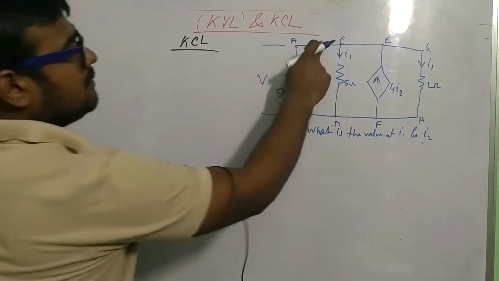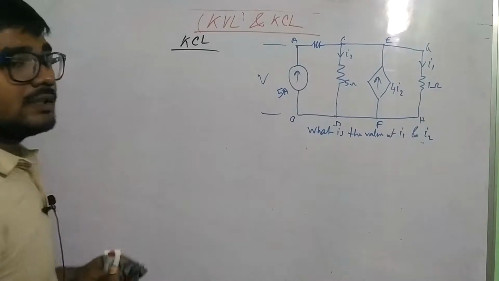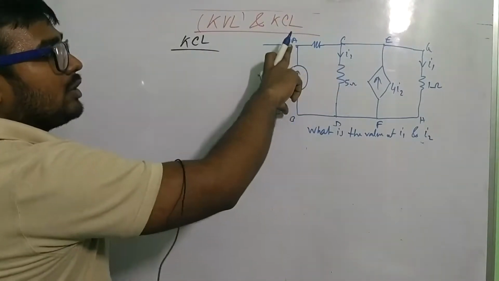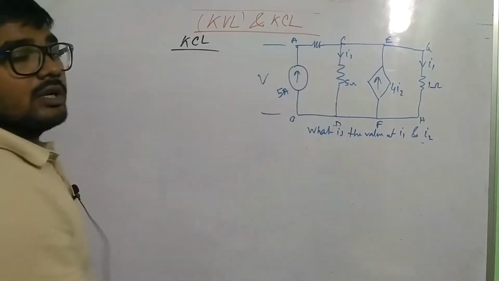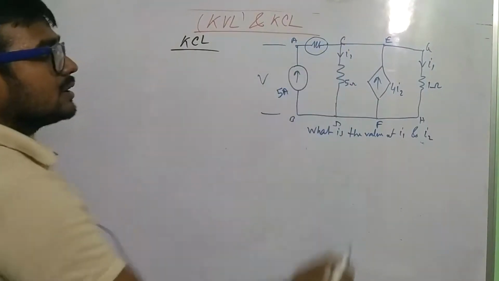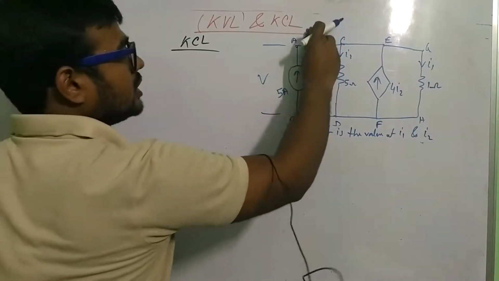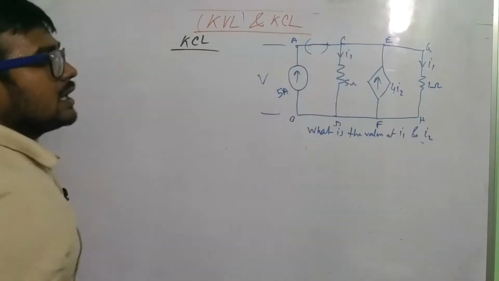If I connected one resistance here, then the voltage would not be the same between AB point and CD point, because a voltage drop would occur across this resistance. But here this is a straight line.